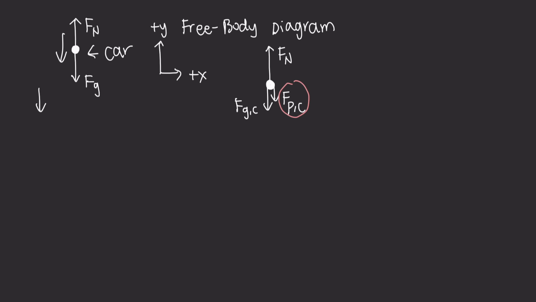The relative magnitudes of the arrows should be related to the relative magnitudes of the forces themselves. So here we would expect that the force of gravity on a car would be greater than the force of gravity on a person. So the arrow for the car's force of gravity is longer than that for the person.